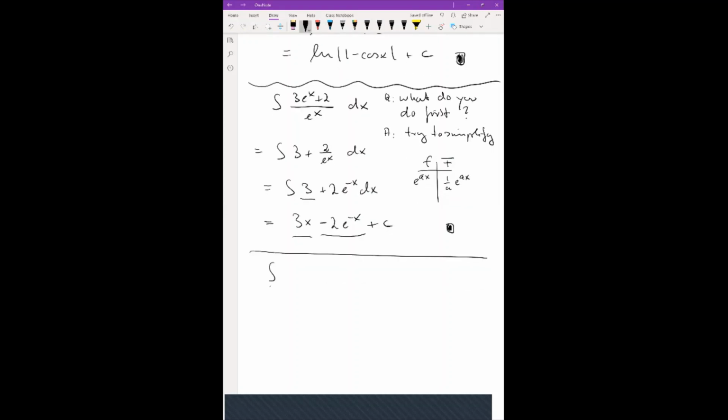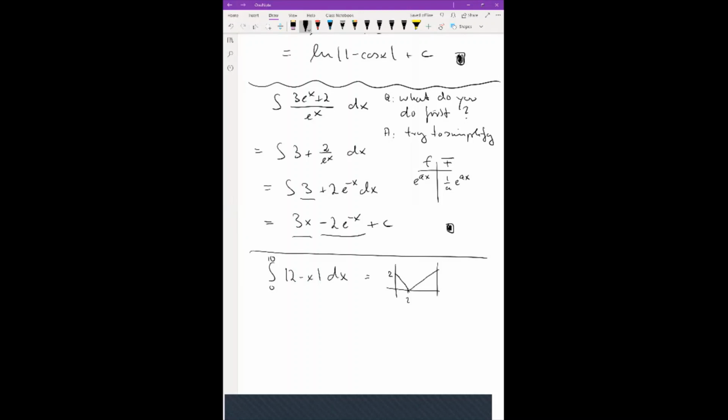Next problem, the integral from 0 to 10 of the absolute value of 2 minus x dx. Again, the easiest way to do this is with simple geometry. Or you use your calculator, plug in the function in your calculator.